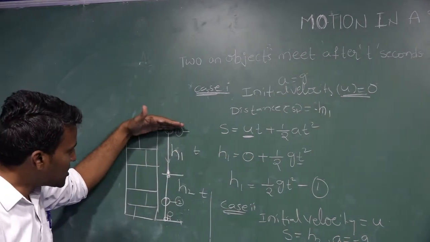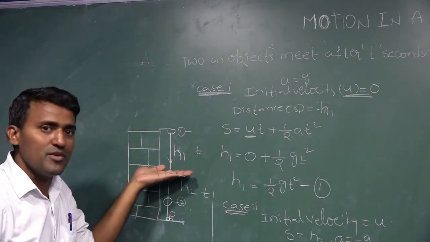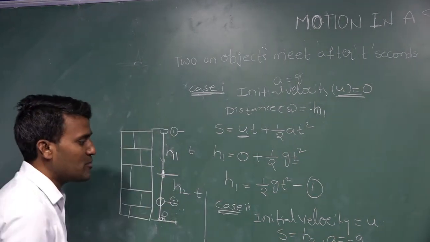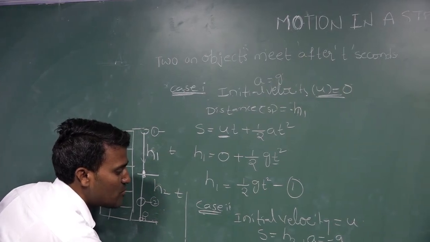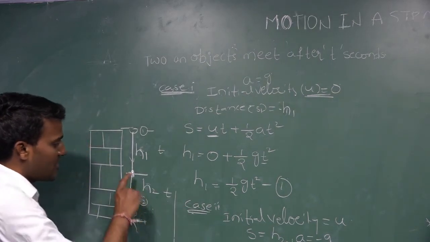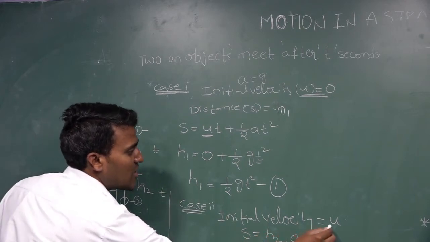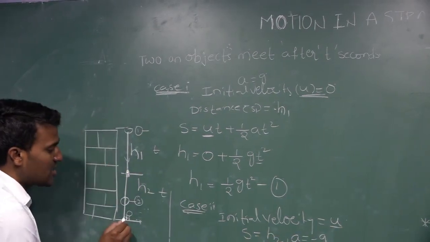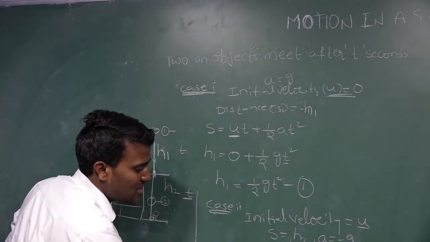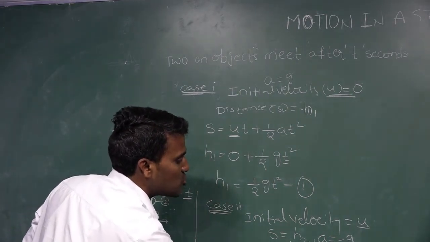Here, when the object was falling downward, I took plus g. Now going from the bottom up, the direction is changed, so that's why I have written a equal to minus g. Again I am taking the formula s is equal to ut plus half at square. Here s is h2. So h2 is equal to u, the initial velocity, times t, the time interval already given, minus half g t square. That is equation number 2.